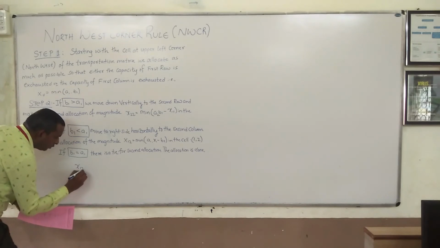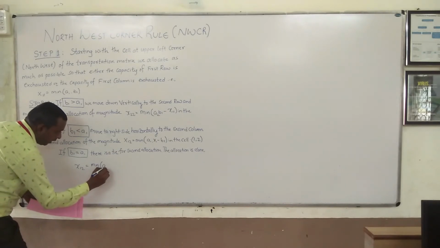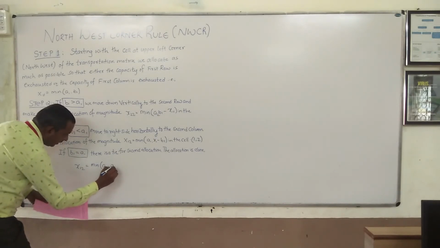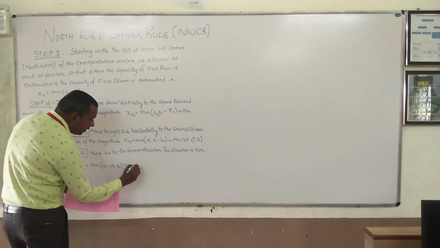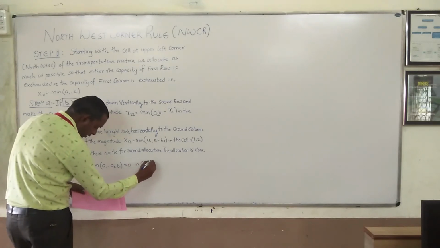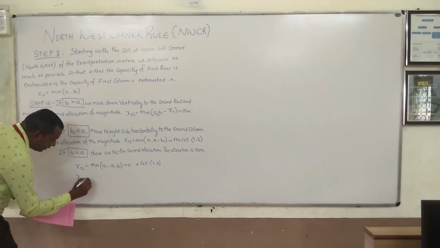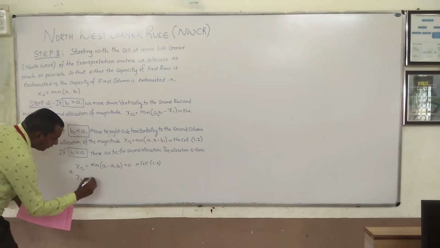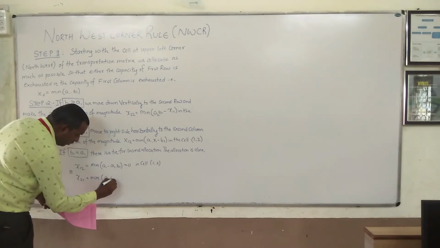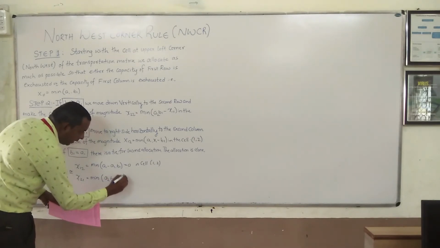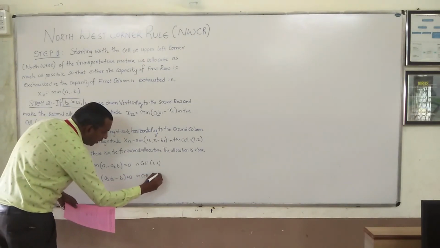So X12 is equal to the minimum of A1 minus A1 comma B1, which is equal to 0 in cell 1 comma 2, or X21, that is, the minimum of A2 comma B1 minus B1, which is equal to 0 in cell 2 comma 1.